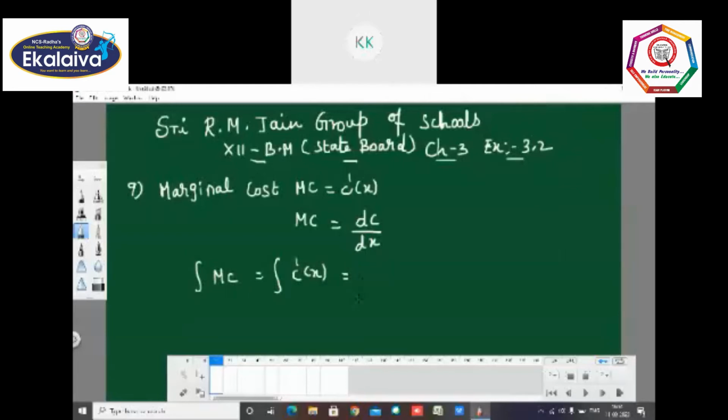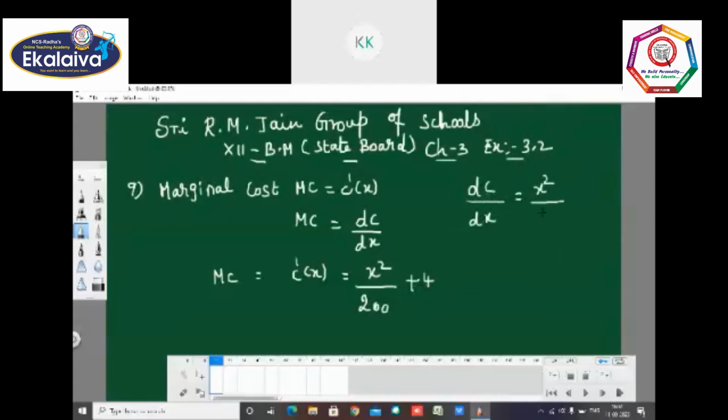What is given in the sum? C dash of x is given as x square by 200 plus 4.